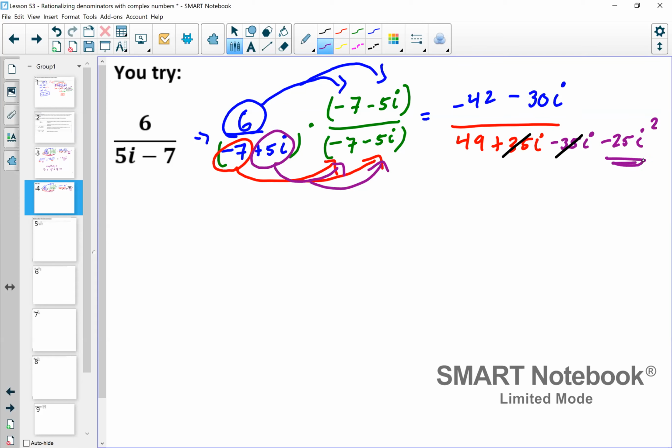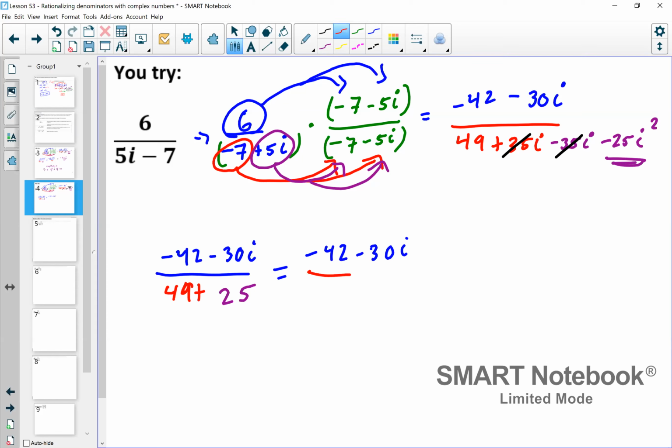This right here is going to become a -1 times a -25, so positive 25. Bring down that 49. Top doesn't change. Add the bottom. And we get this over 74.